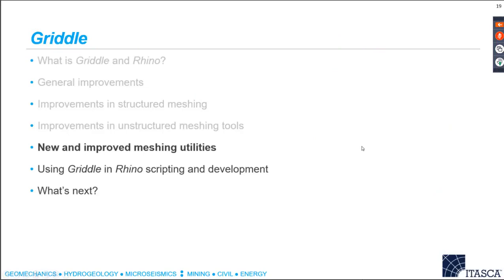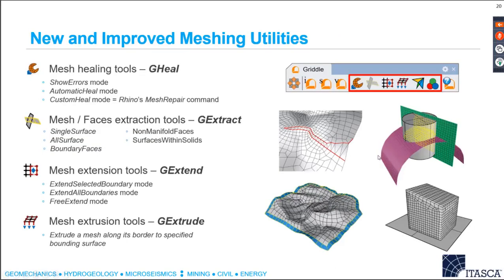So now let me talk about new and improved meshing utilities. There are quite a lot of new things in Griddle, new utilities to work with surface meshes. They are grouped here, and I will mention a few of them. For example, new utilities: mesh healing tools, GHeal.